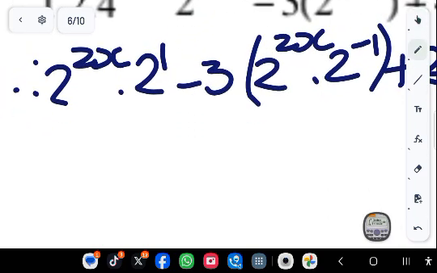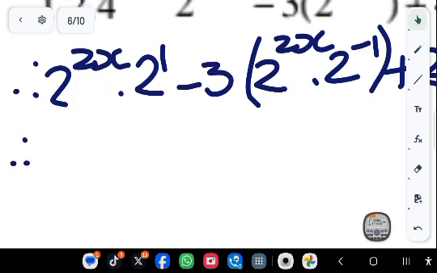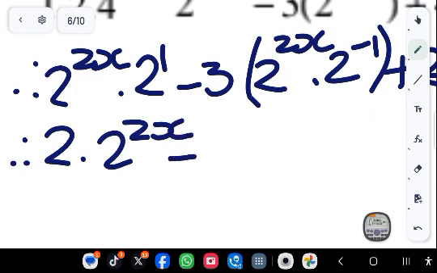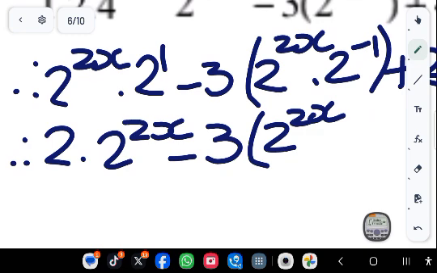Next, we apply the rules of exponents. So that is 2 times 2 to the power of 2x, minus 3 in brackets 2 to the power of 2x over 2 to the power of 1.